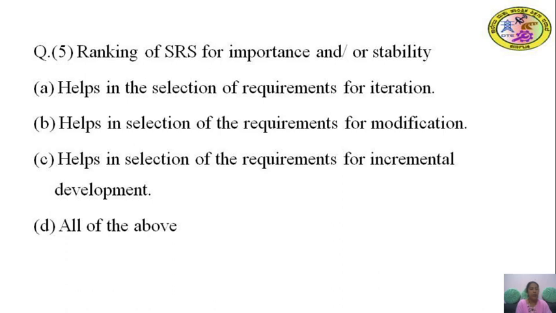So what is the correct answer for this question? Yes, A is the correct answer for this question. Ranking of an SRS for importance and of stability helps in selecting the requirements for iteration. That is, it is helpful for iterative development.